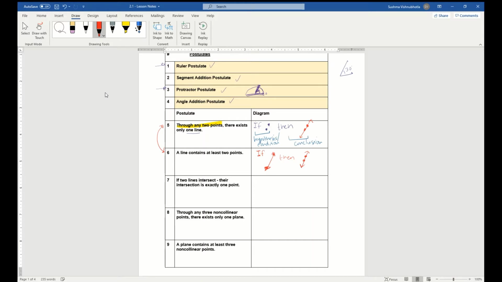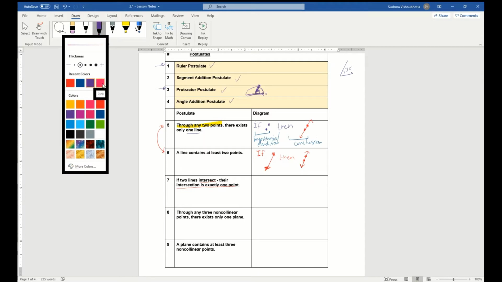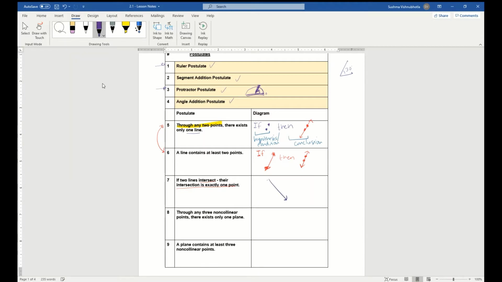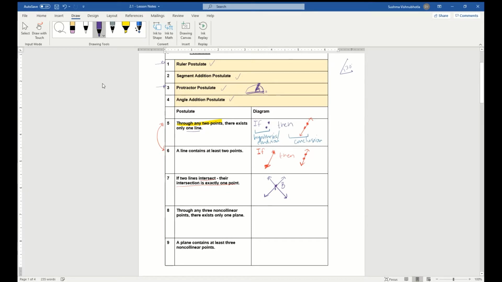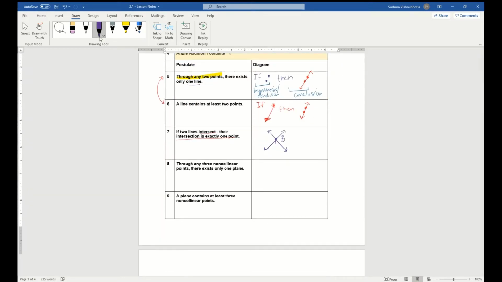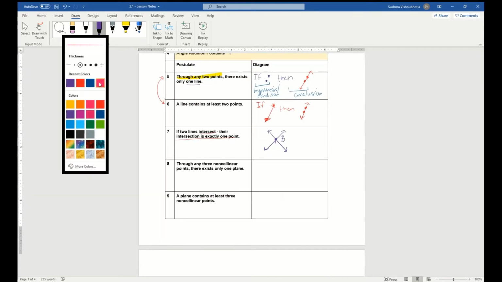7. If 2 lines intersect, then their intersection is exactly 1 point. So we definitely talked about this in Unit 1: if you have 2 lines that cross, their intersection is exactly 1 point. So they cross at point B. Okay. 8.